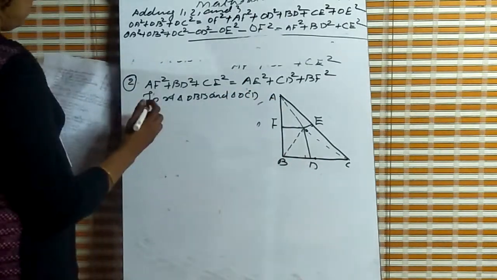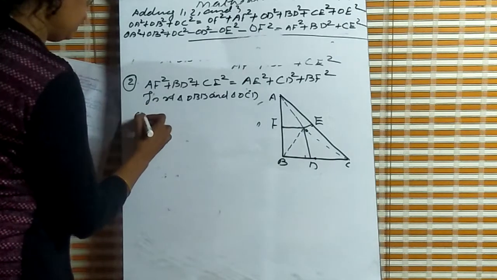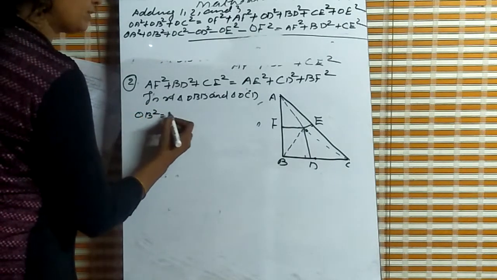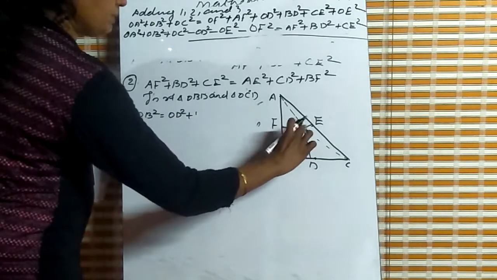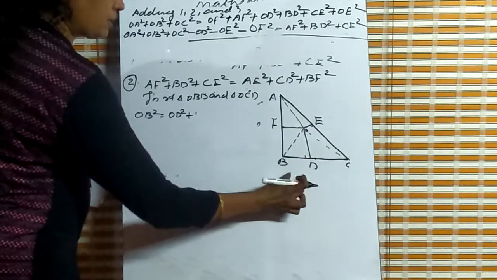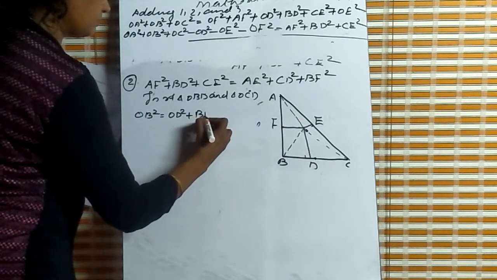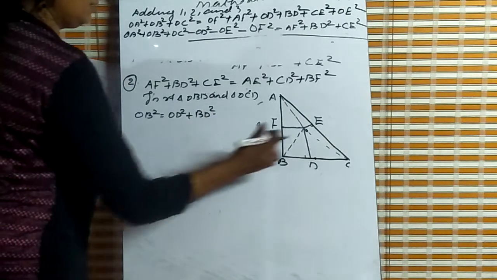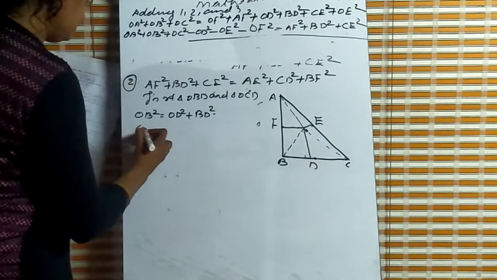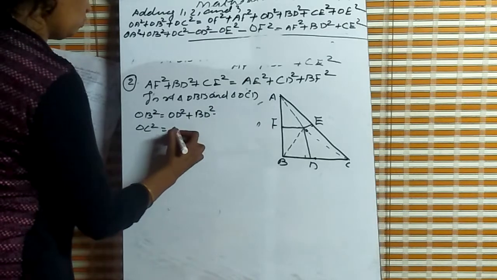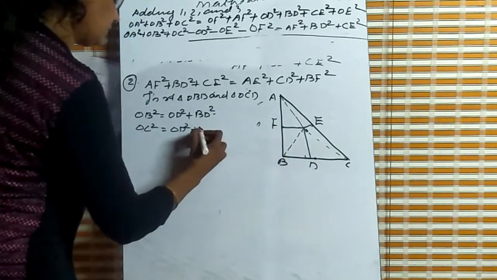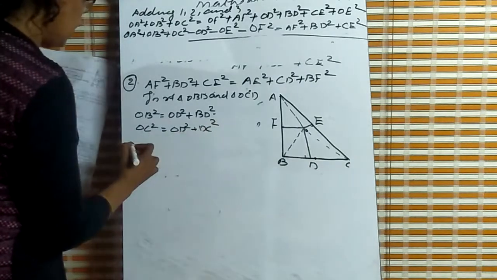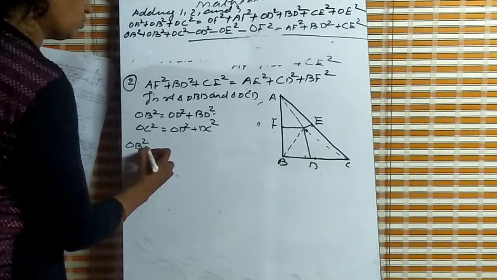what is OB square? OB square is equal to OD square plus BD square. Then what is OC square? OC square is equal to OD square plus DC square. Then what is OB square minus OC square?